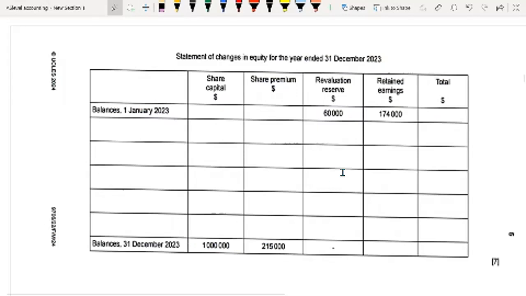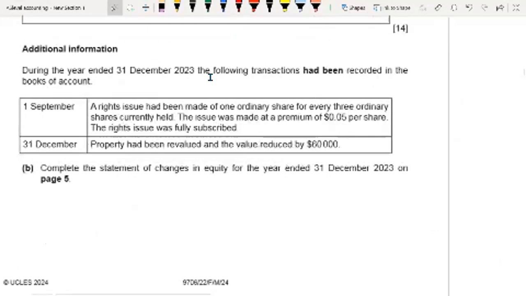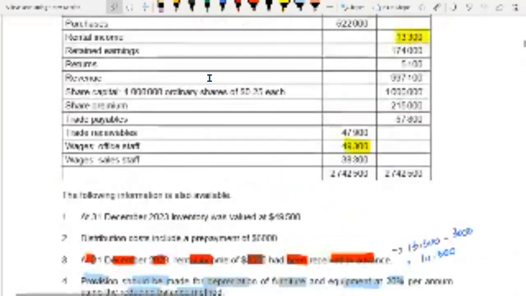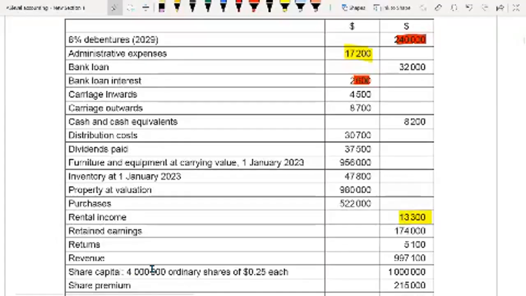Okay, so now let's try to find out. If you see, at the end of the year, we have the share capital, which is 1,000,000, and the ordinary shares were 4,000,000.